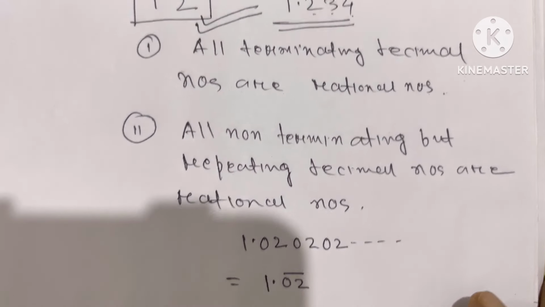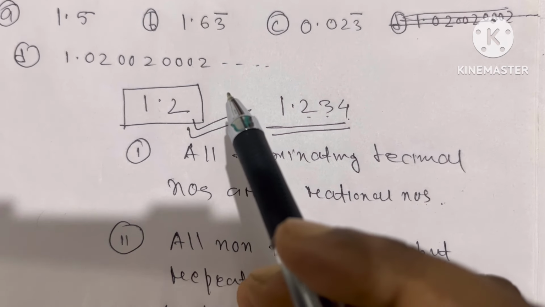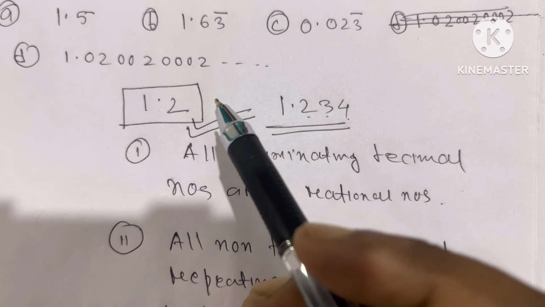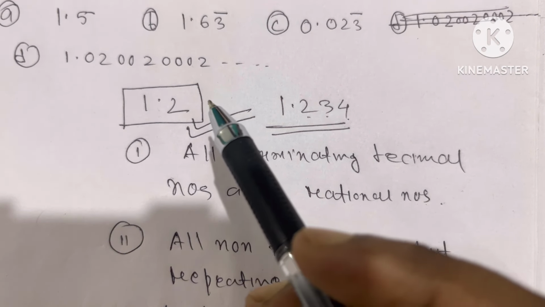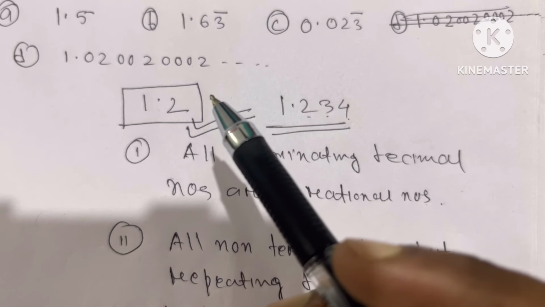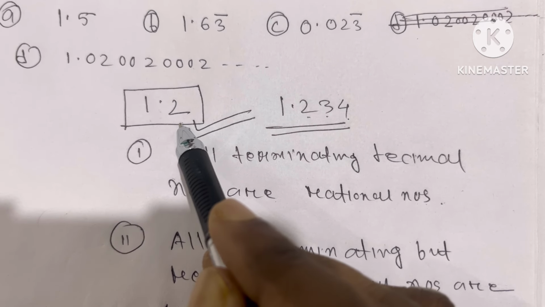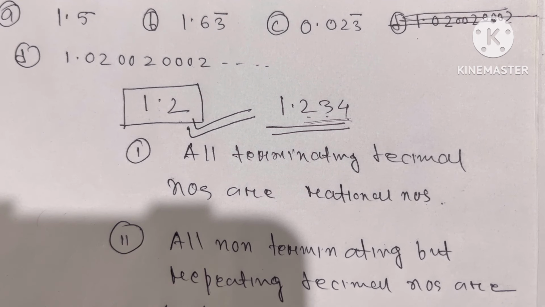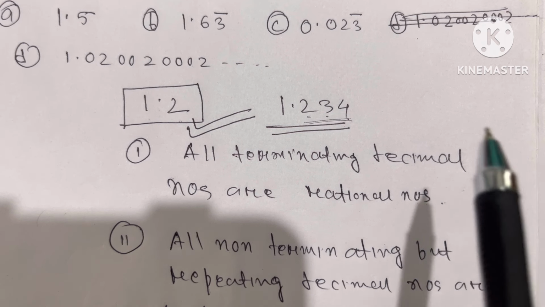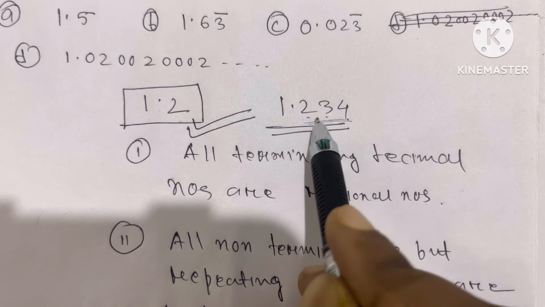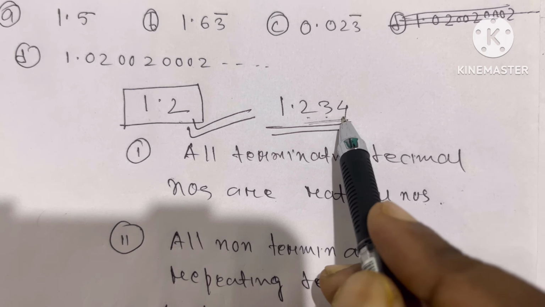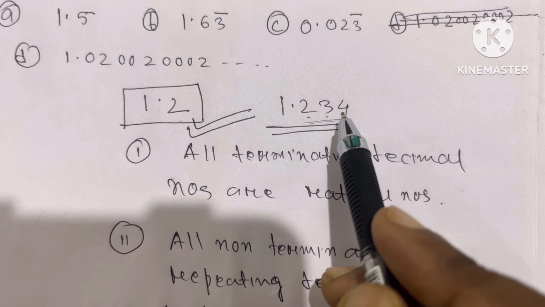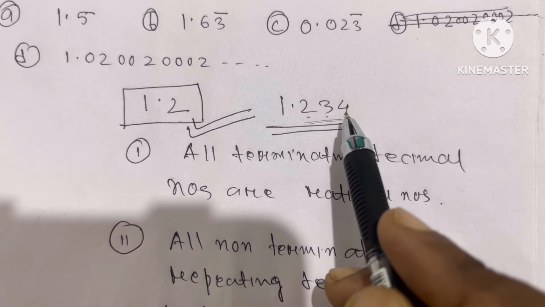So let's remember, terminating means after the decimal there will be a finite number of digits. Means after some place we can finish writing the decimal number. Suppose 1.2, after the decimal 1 place; 1.234, after the decimal 3 places. Those numbers are called terminating decimal numbers if they have a finite number of digits after the decimal place.